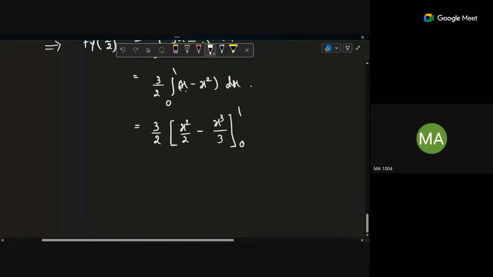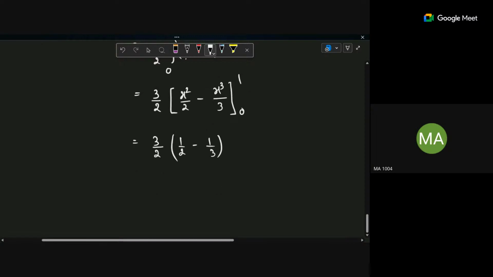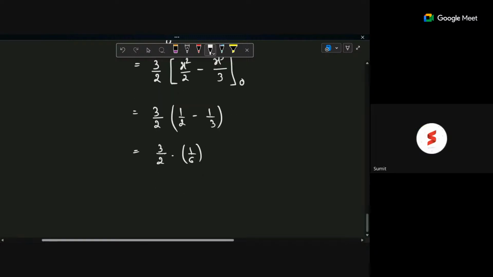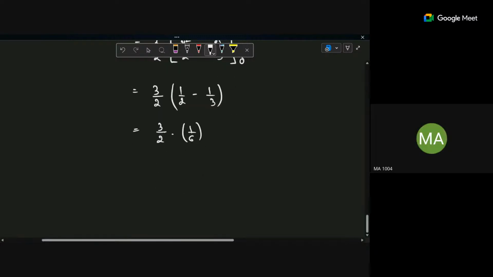For 0 it's obviously 0, and when you put in 1 it's 1/2 minus 1/3, which is 3 minus 2 over 6, so 1/6. So it's 1/4.